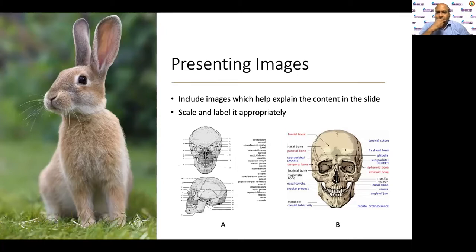So the first way is the usual textbook appearance. Of course, that has its own uses, space plus more information and so on. But when you're presenting, it may be best to label things at the point where you need them to see, so that there's less confusion, less time spent, and minimum effort within a small period of time for the audience to identify what you're actually talking about, right?